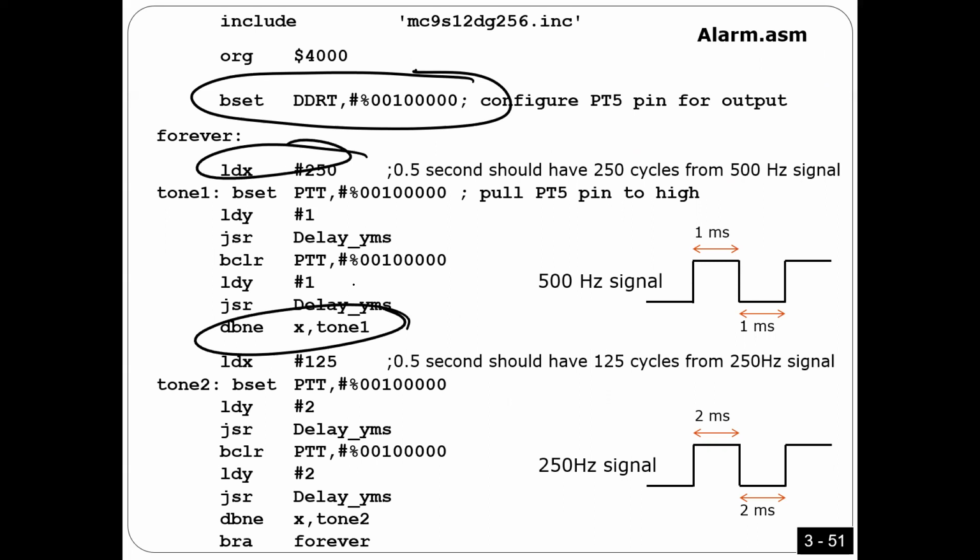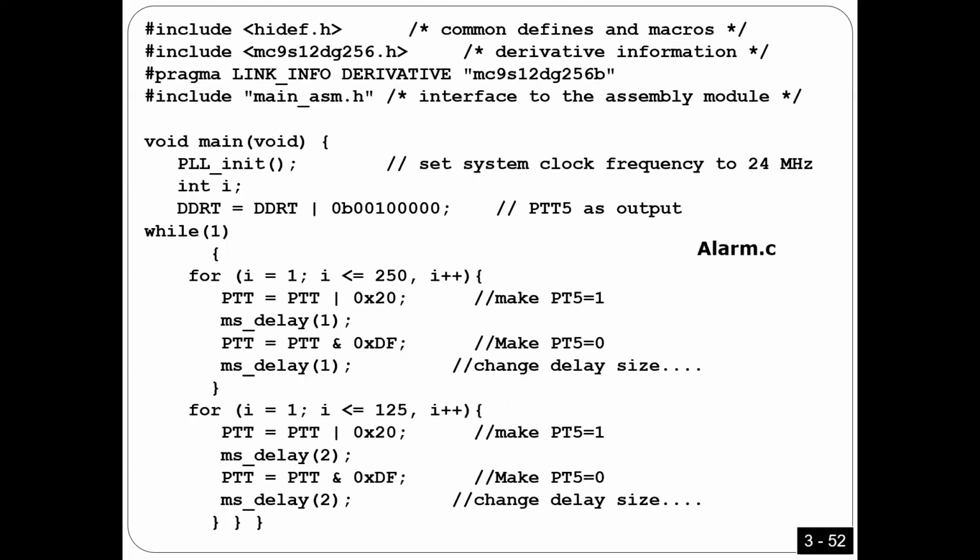I'm going to repeat everything, but using the notation of C, as you will see here. Number one, similar to what I did in assembly, let me use here, guys.